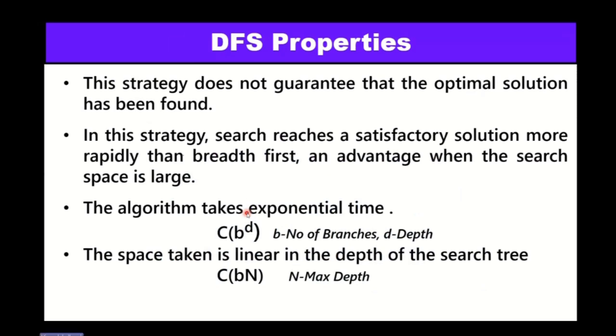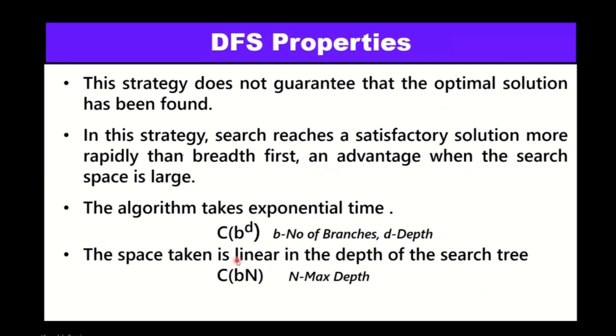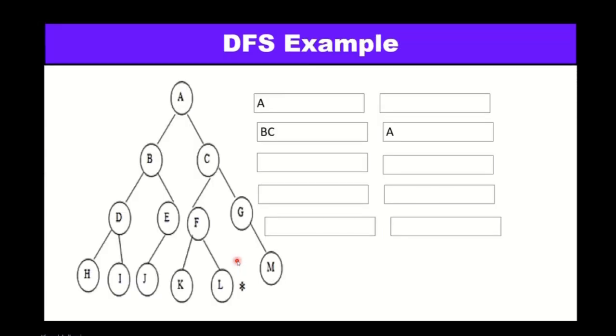So number of branches are there and number of depth is there, depth is more, obviously time will be increased. If there are so many branches down there, then time will increase, right? So number of branches and how much is the depth, this will be defining your time. These are the DFS algorithm properties.